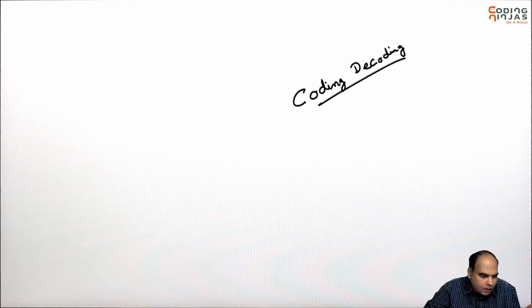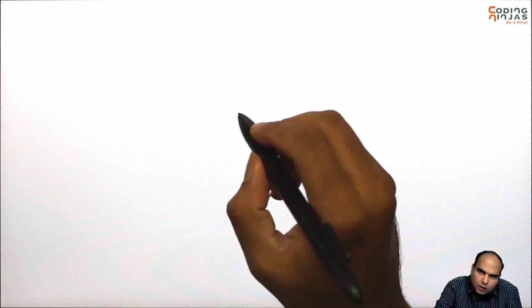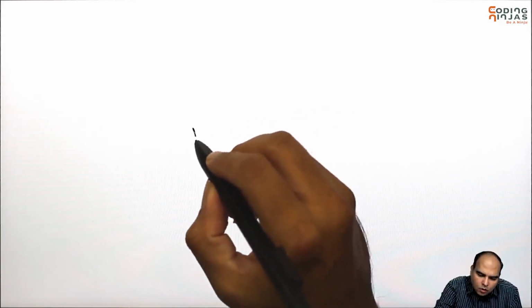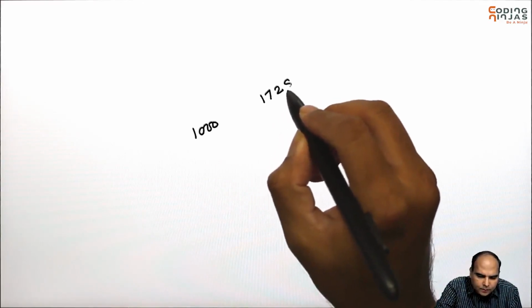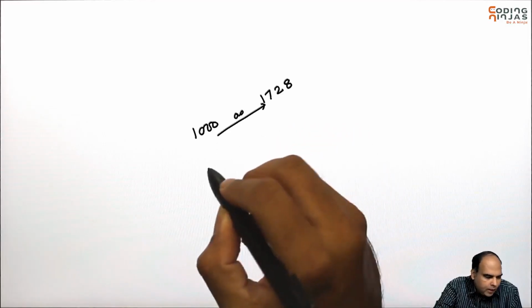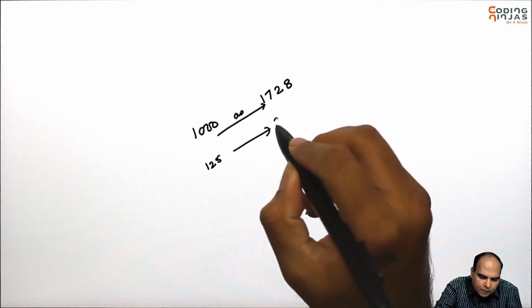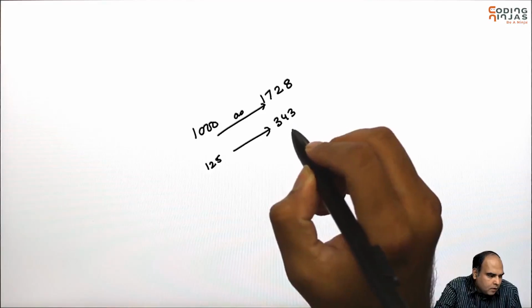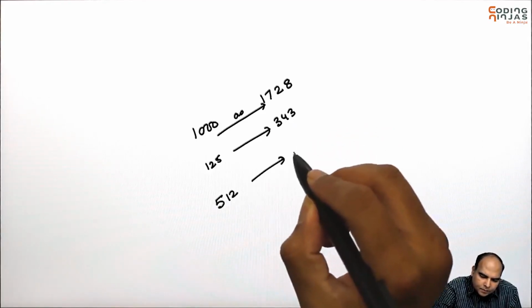So, for example, a question says that in a certain code 1000 is written as 1728, and 125 is written as 343. So in the same code, what will 512 be written as?